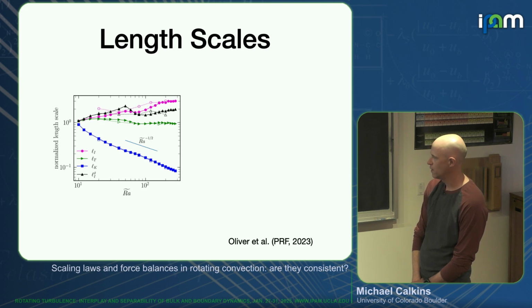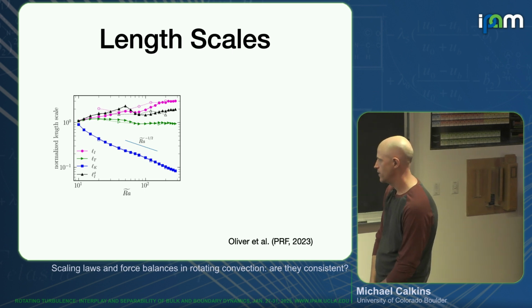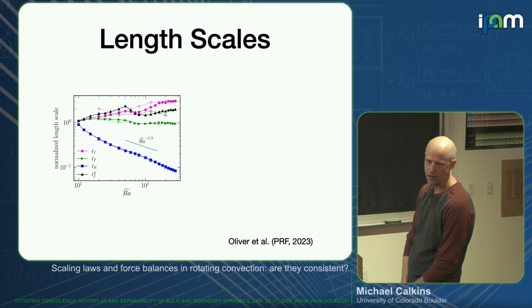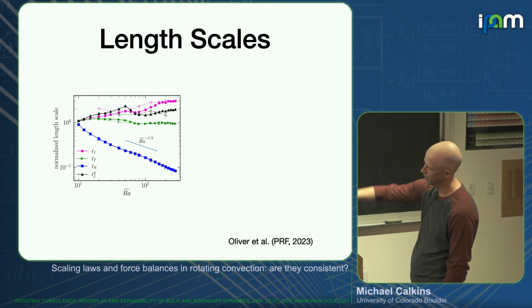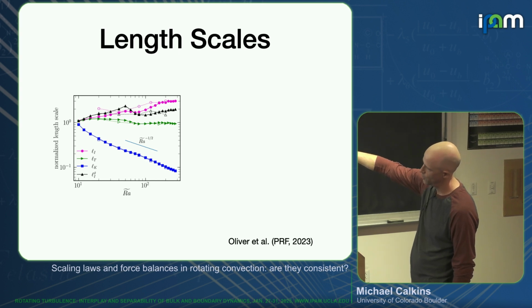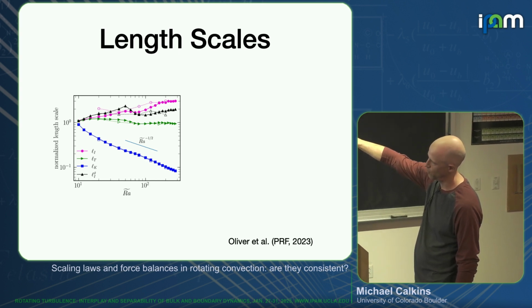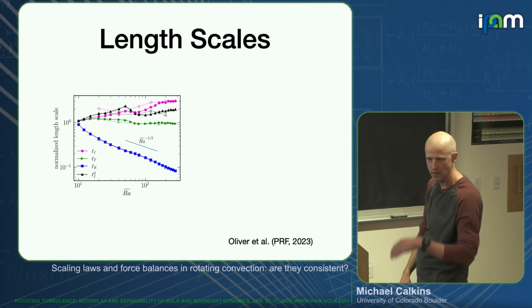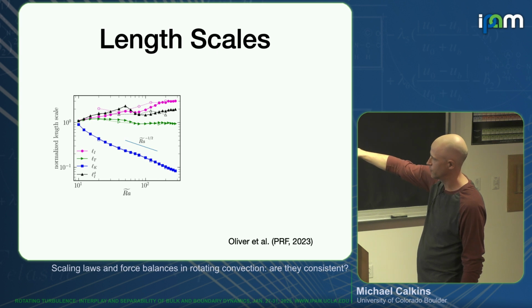Length scales. So Tobias computed a variety of different length scales from these simulations. And this is a plot showing all of these length scales normalized by the critical horizontal wavelength. So a value of 1 you would observe right at the onset of convection. As a function of reduced Rayleigh number, I just want to focus on these two length scales.